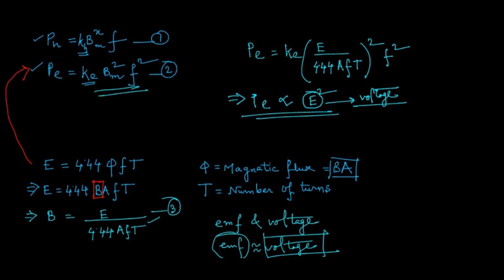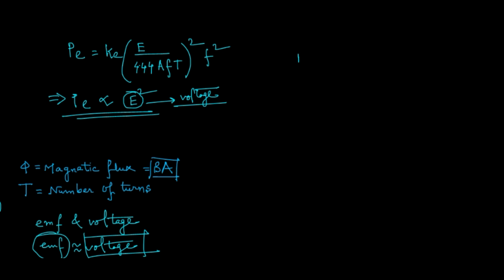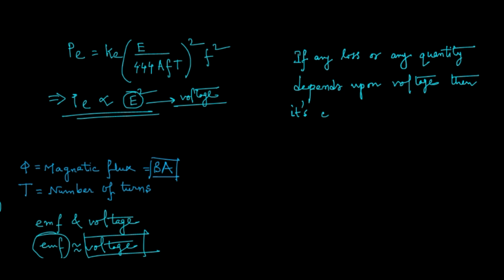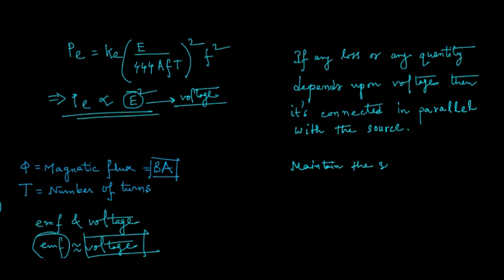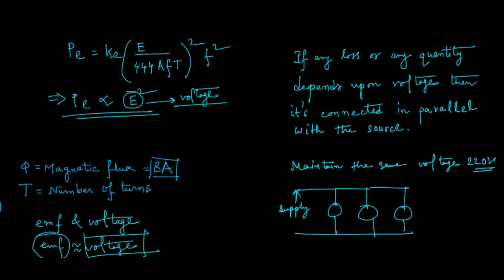In an electrical system, if any loss or any quantity depends upon voltage, then it is connected in parallel with the source. In our domestic connection, what we need is to maintain the same voltage, generally single phase 220 volts, so we connect all our domestic appliances in parallel with the supply.